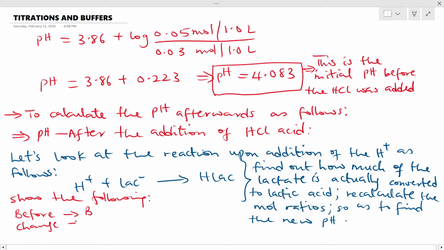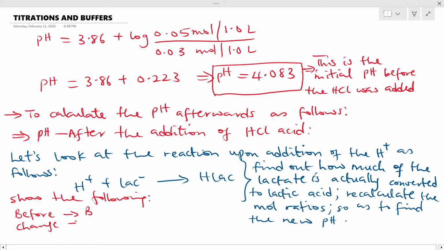The after. And that is represented by what? An A. All of these will be shown below. So we'll look at that reaction on the next page.